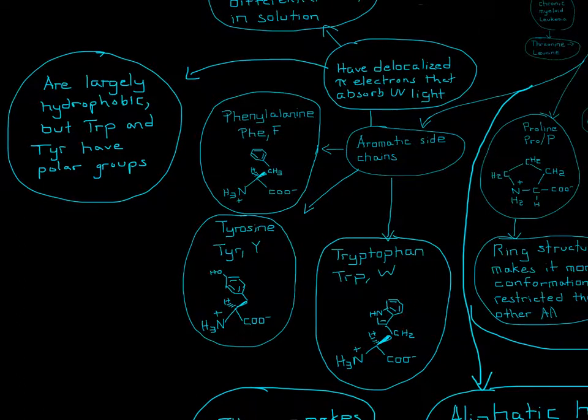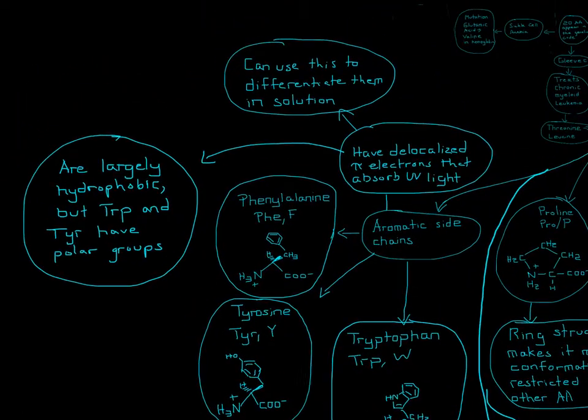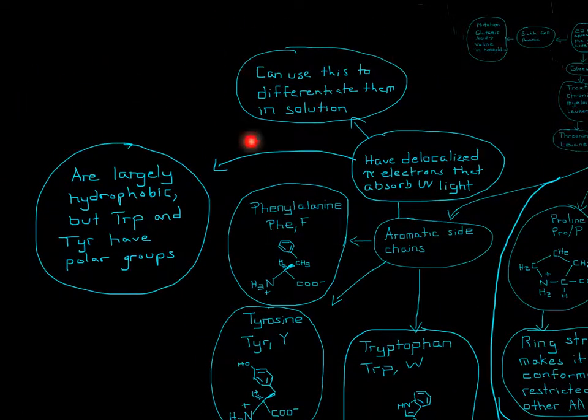So that's a little bit more complicated than the other ones. What's unique about the aromatic side chains is you have delocalized pi electrons that absorb UV light. All these benzene rings can absorb UV light, which is a pretty interesting characteristic, and therefore you can actually use this to your advantage to differentiate them in a solution.